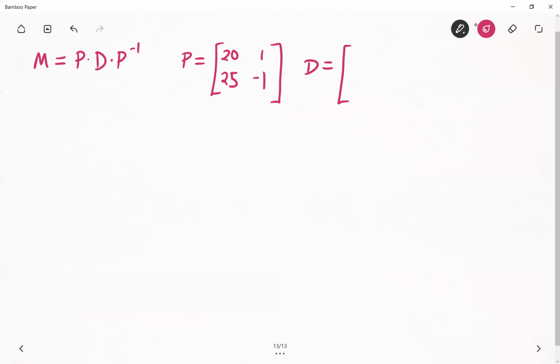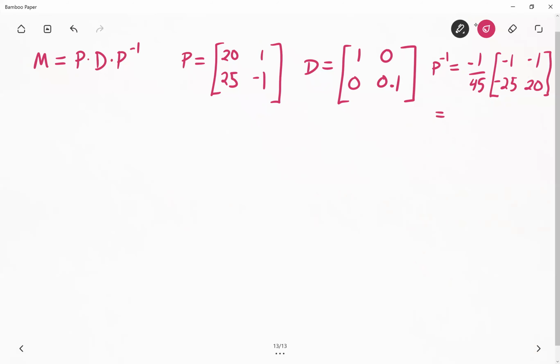D contains the eigenvalues along the diagonal, so 1, 0, 0, 0.1, and P inverse. Let's see, we're going to have -20 minus 25. So -20 minus 25 will be -1 over 45 times -1, 20, -1, and -25.